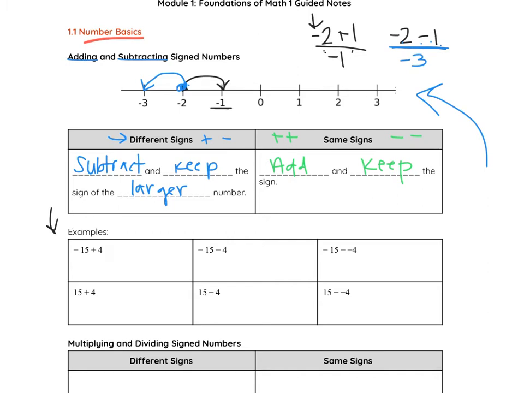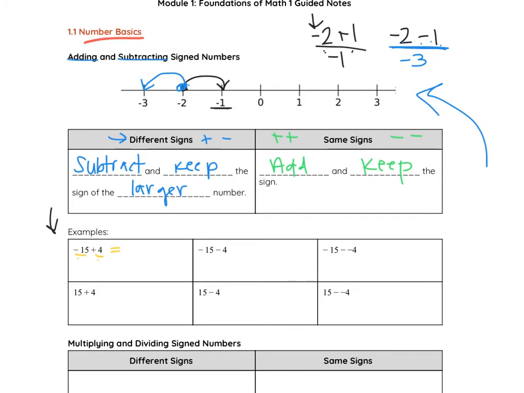So let's look at these examples down here. They're all the same numbers, like 15 and 4, but the signs are different, positives and negatives. So starting off with -15 plus 4. The rule says if I have different signs, I'm going to subtract. So 15 minus 4 is easier to think about than -4 minus 15, which might be a little fuzzy.